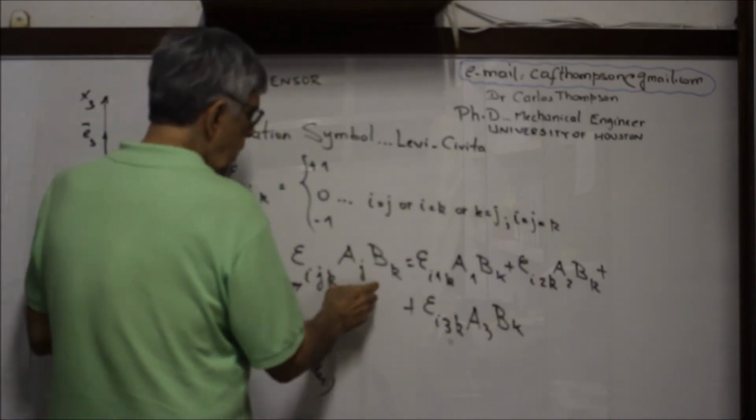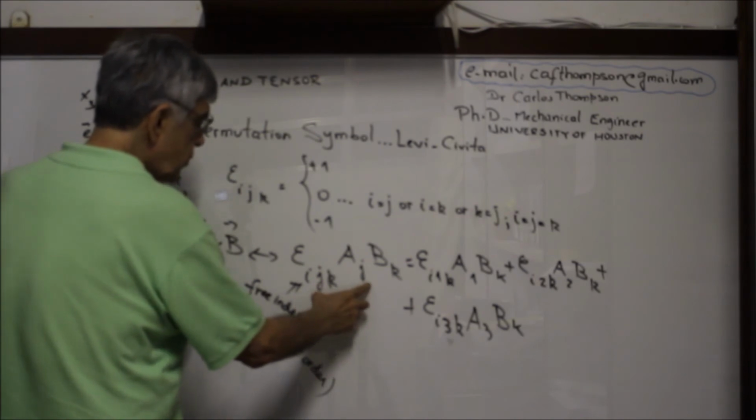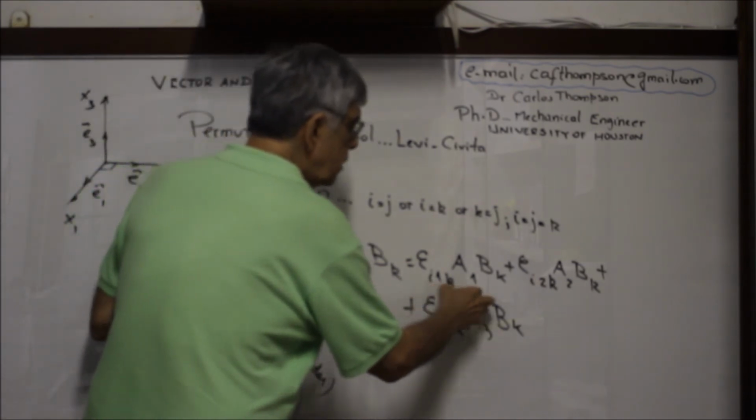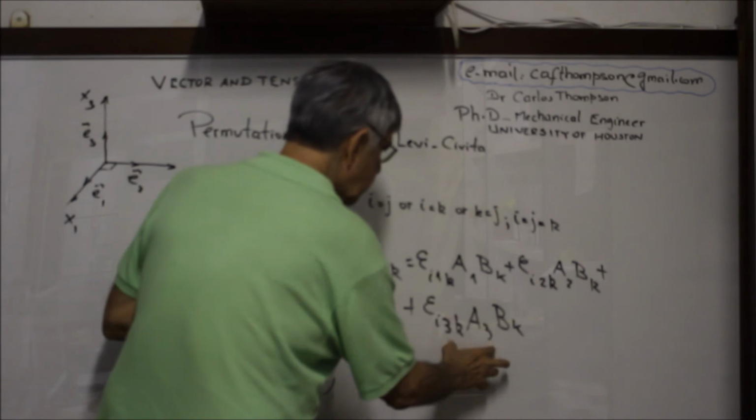Now, you see, I'm summing on j: 1, 1, 2, 2, and 3, 3.